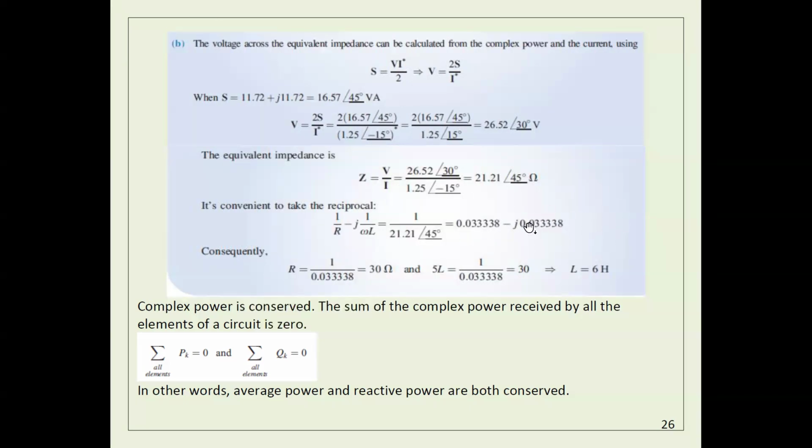And then this one here has to be negative. Remember, if J is positive, this is L, inductance. If it is negative, this is the capacitor. But this is not the impedance. This is 1 over the impedance. That's why 1 over the impedance in the case of an inductor has to be negative.